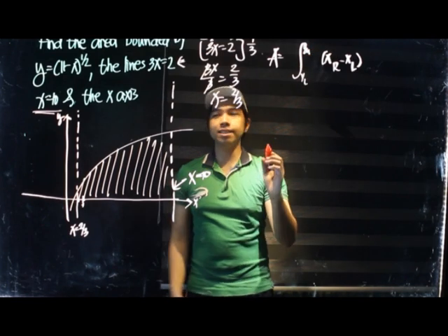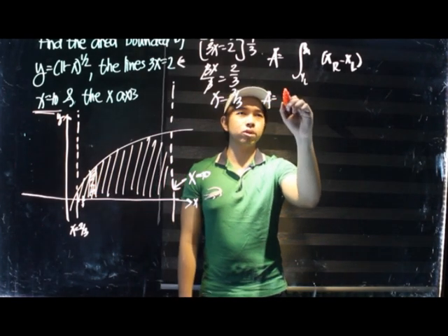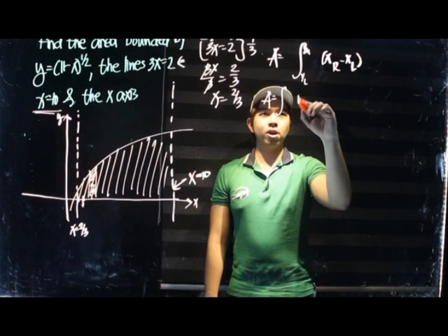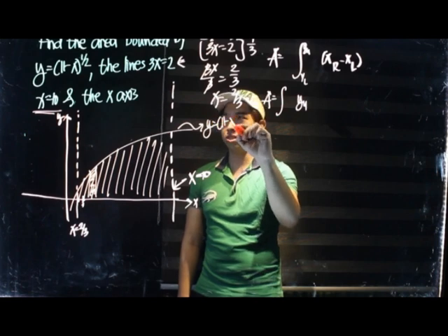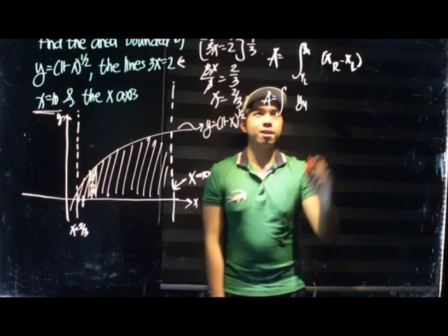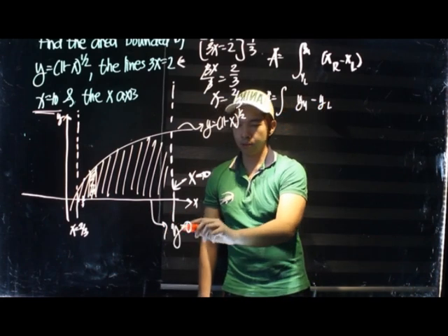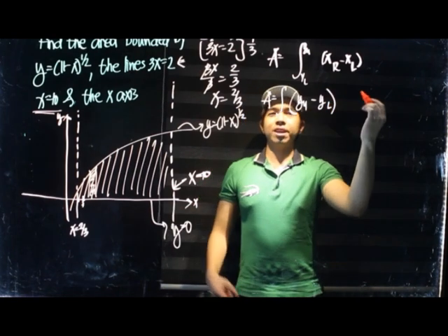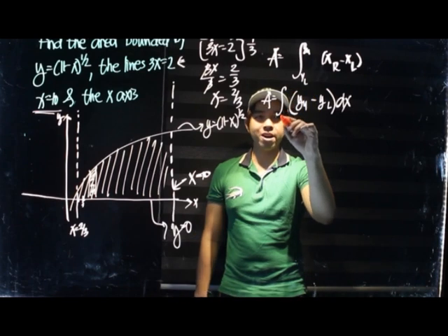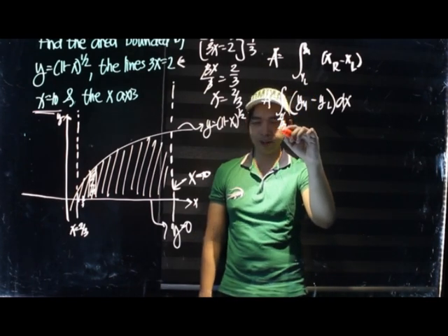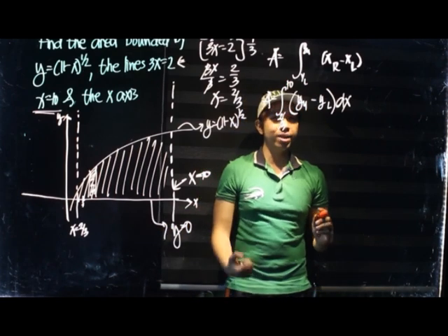For this case, since we're going to use horizontal element, the area would then be equal to the integral of the y upper, or the curve for the y upper, which is y equals 11 minus x raised to 1/2, minus our y lower, which is the x-axis, where y equals 0, integrating with respect to x, running from x equals lower x, 2/3, to 10. And we're now ready to integrate.